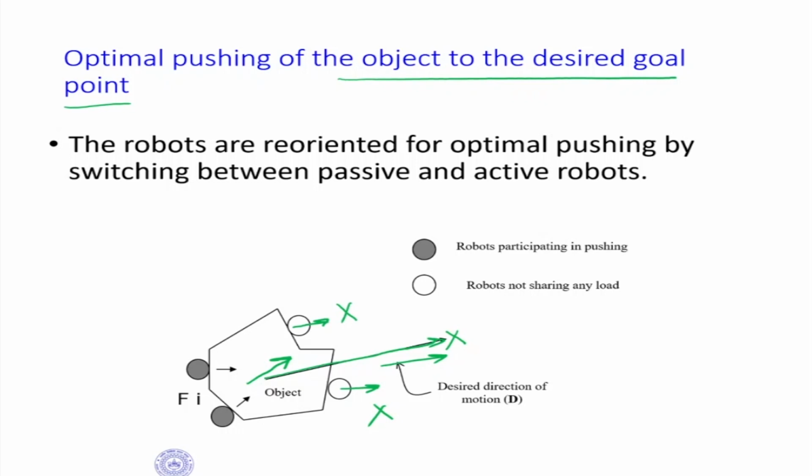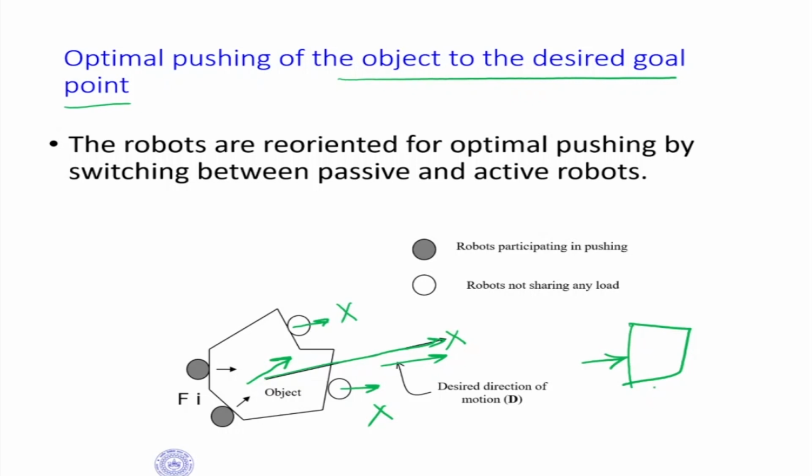Suppose I have an object like this. So this is my object, and this is one robot here which is placed, and this is another robot which is placed here. These are all normals. Now suppose I'm going to push. If I'm going to push, then the motion of the object will be this side first.